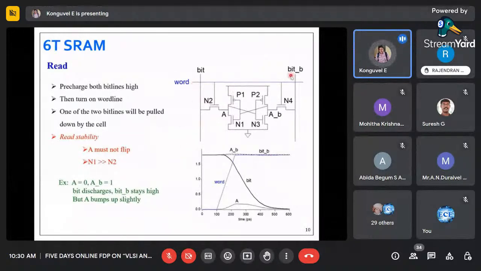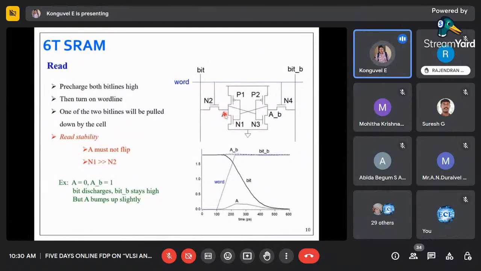So now you turn on the word line. Let us assume here the data is 0. If I turn on the word line, N2 should be turned on and N4 should be turned on. If N2 is turned on, and A is 0, why is A 0?